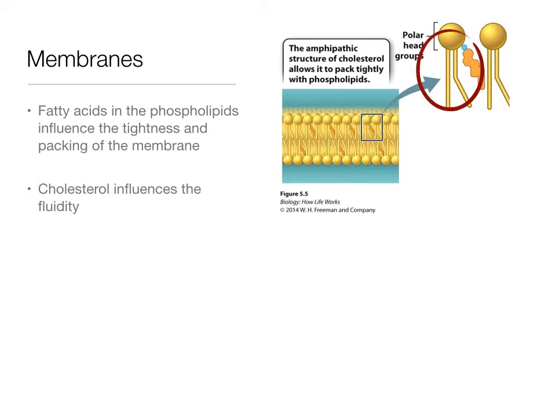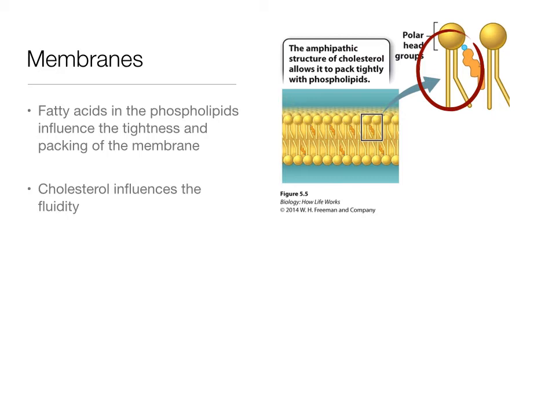So if these fatty acids are very long, it will make the membrane thicker. If they are more saturated, they will create a membrane that is more compact and less fluid. If they contain lots of unsaturations, they will in contrast create a membrane that is more fluid and less compact.